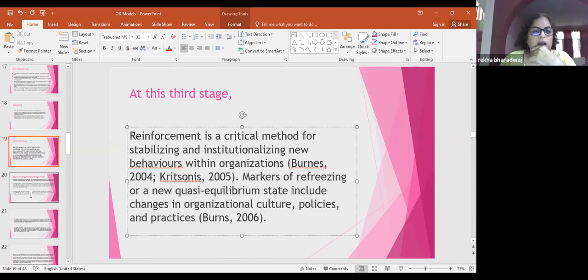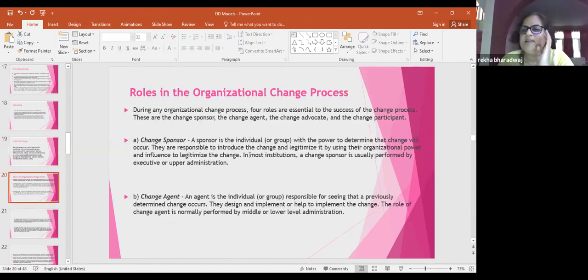Now, what Kurt Lewin said was that in order to make this change process from unfreezing to moving to refreezing happen, there are 4 kinds of roles which are very important for every change process that we do.